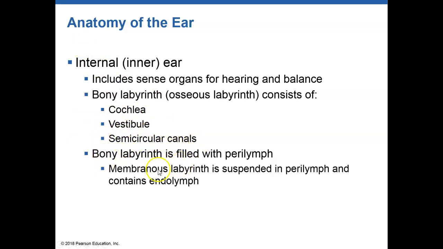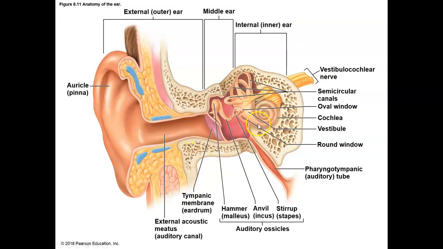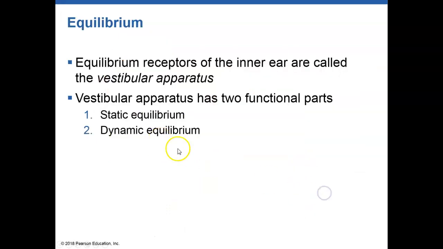But within the bony labyrinth, we have a membranous labyrinth, which contains a fluid called perilymph. And again, that's in this area here. So we're going to go in and look at what happens.